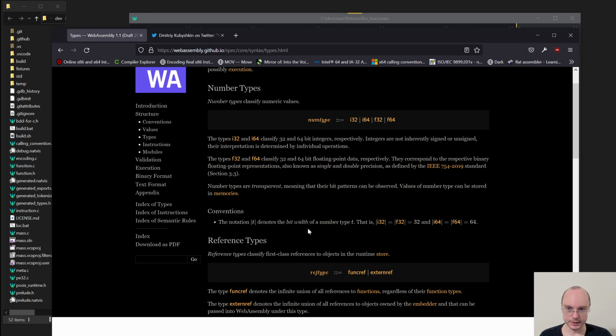Why do I have this? In WebAssembly, you actually only have these kind of number types. You don't have bytes, you don't have 16-bit integers, you only have 32-bit or 64-bit integers and single or double precision floating point numbers.